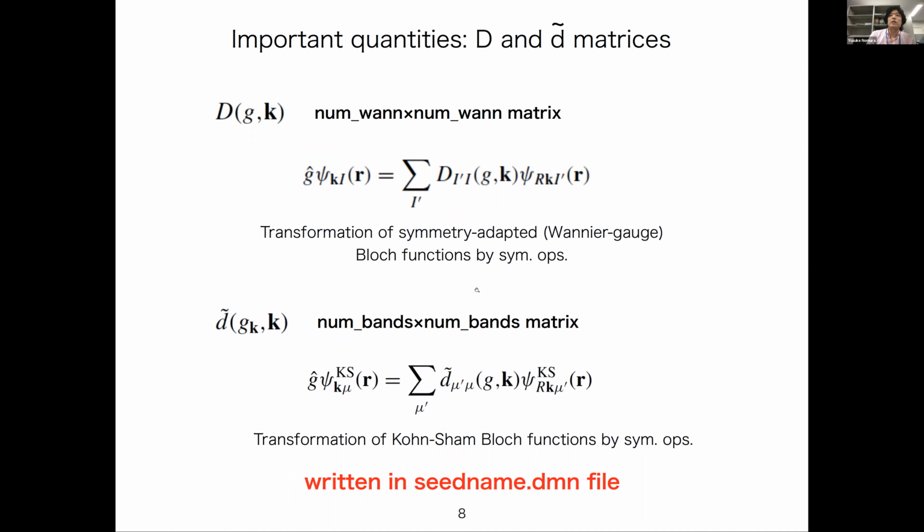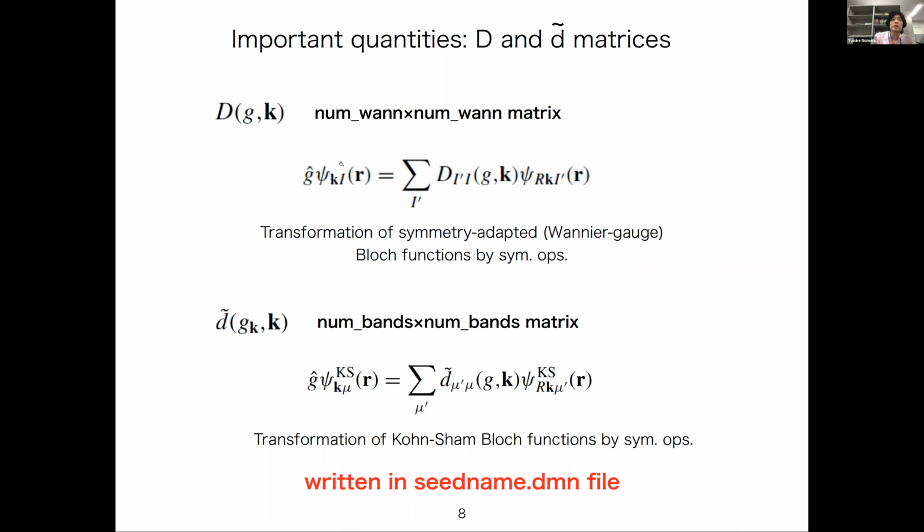First, let me explain the capital D matrix. The size is given by the number of Wannier functions. This gives the information on how the symmetry adapted Wannier gauge Bloch functions are transformed by applying the symmetry operations.